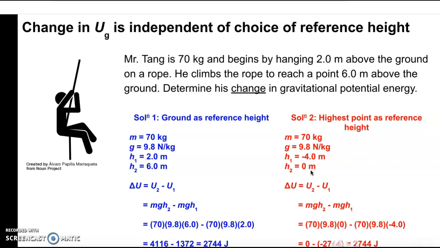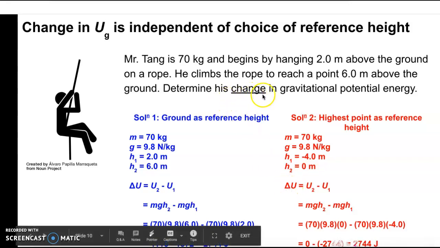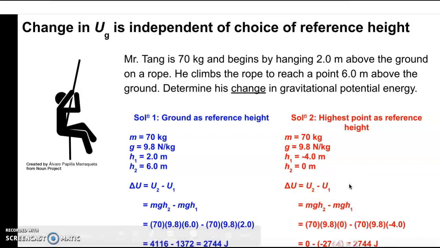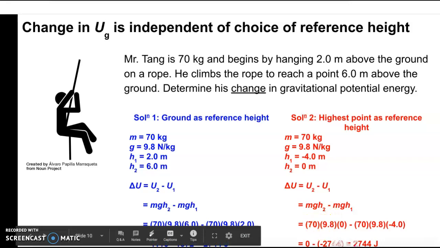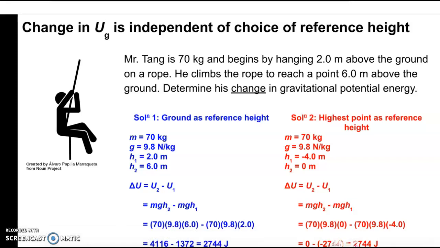So if I go on to calculate my change in U again, delta U is U2 minus U1, mgh2 minus mgh1. Fill in the values, and the first part's nice because it's 0. Then I get 0 minus negative 2,744, which equals positive 2,744, the exact same answer I got before when I chose the ground as the reference height.